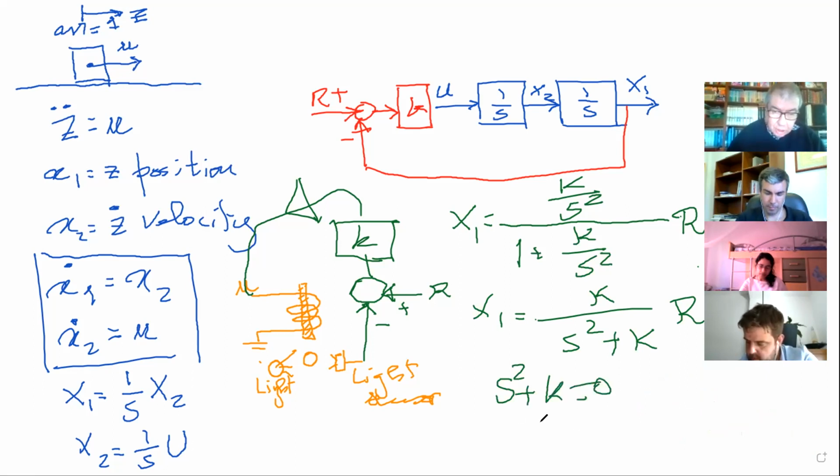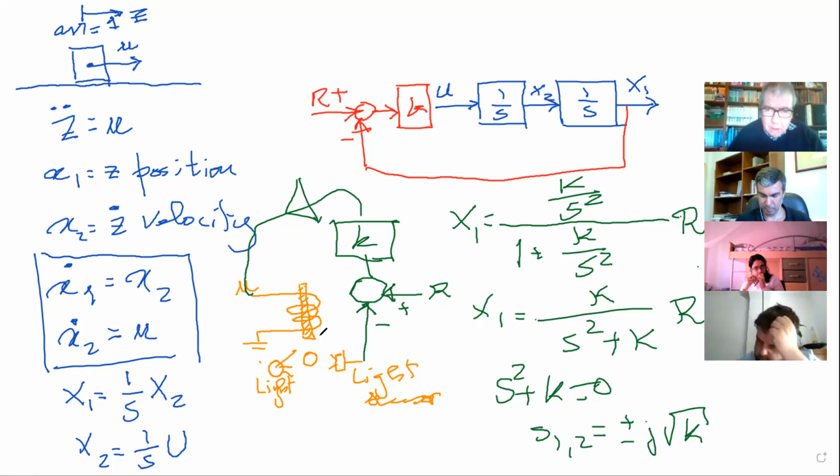So what is the solution? s1,2 is what? s squared is minus K. Plus or minus j square root of K. Good. I'm assuming that K is positive, because if K is negative, it won't act in the same way. It would instantaneously become unstable.